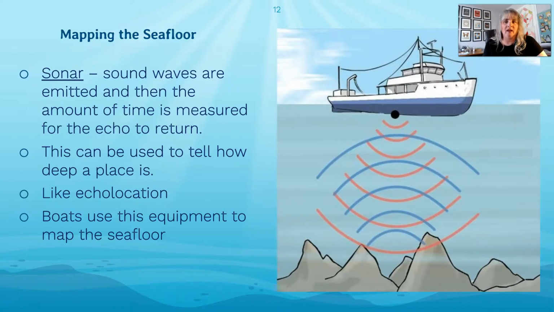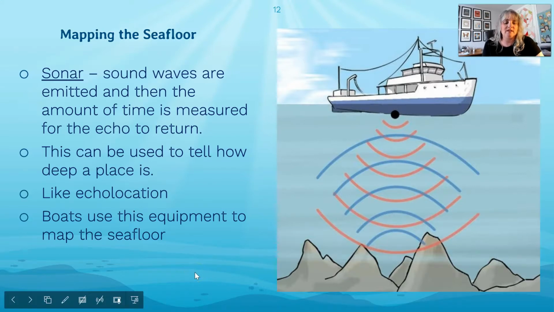There's a device on the bottom of a boat that releases sound waves, which are in red in this case, and they hit the bottom of the floor, and when they hit the bottom, they are bounced back up. These blue lines show the bounce back, and they can use how long that takes to measure how deep it is.